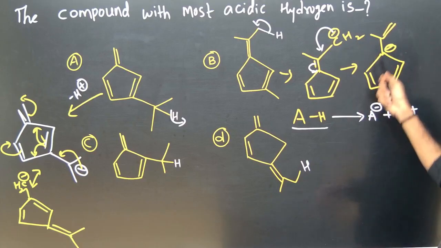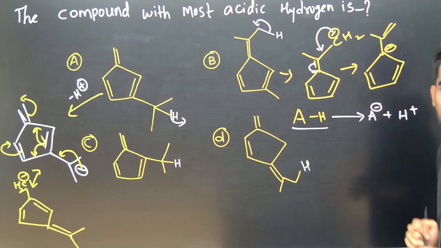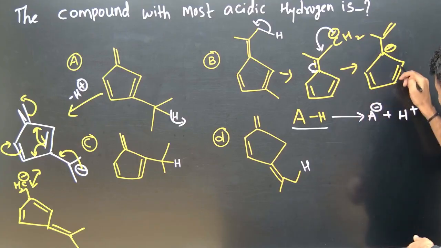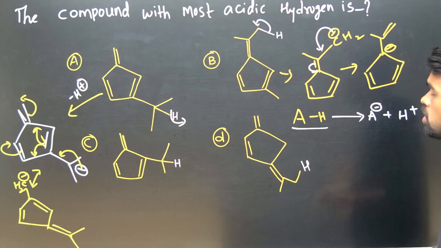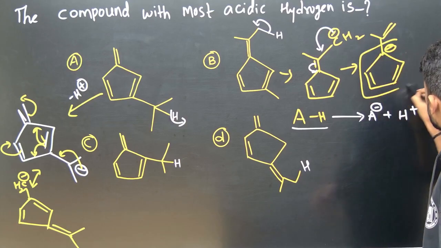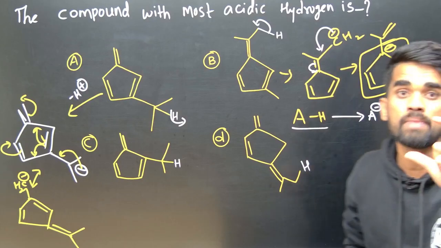Now if you look into it properly, you have a cyclic 5-membered ring with two pi bonds and one negative charge, which are in conjugation with each other. So this species we have highlighted is an aromatic compound, right?